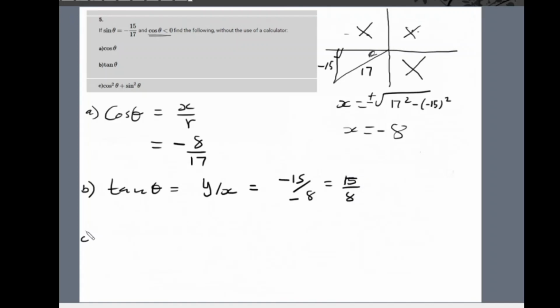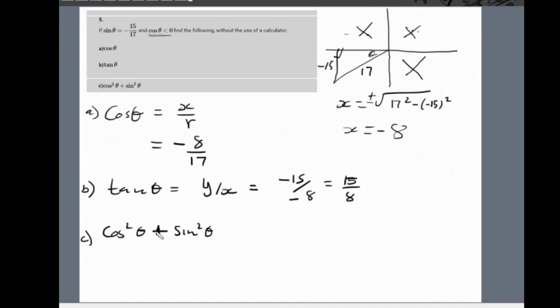Okay? And then C is cos squared theta plus sine squared theta. They want us to calculate this. This is a trigonometric identity. I think it's introduced in grade 11.